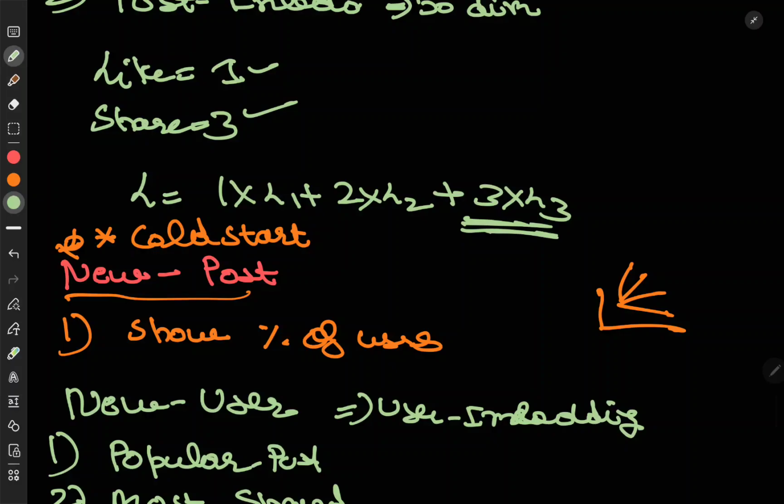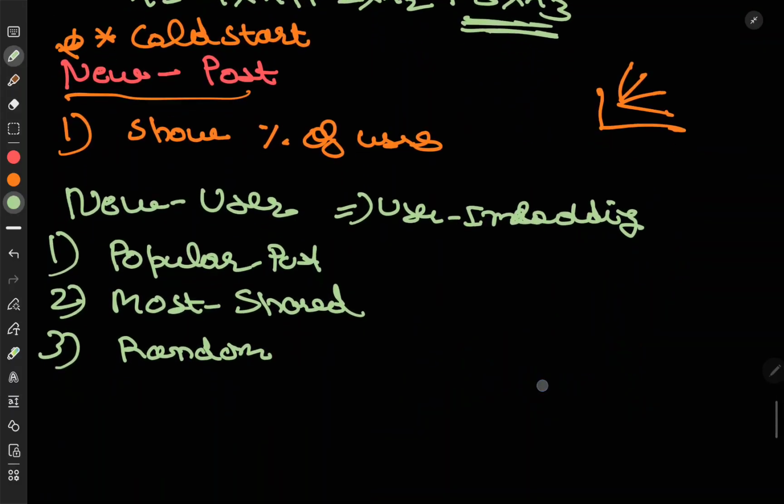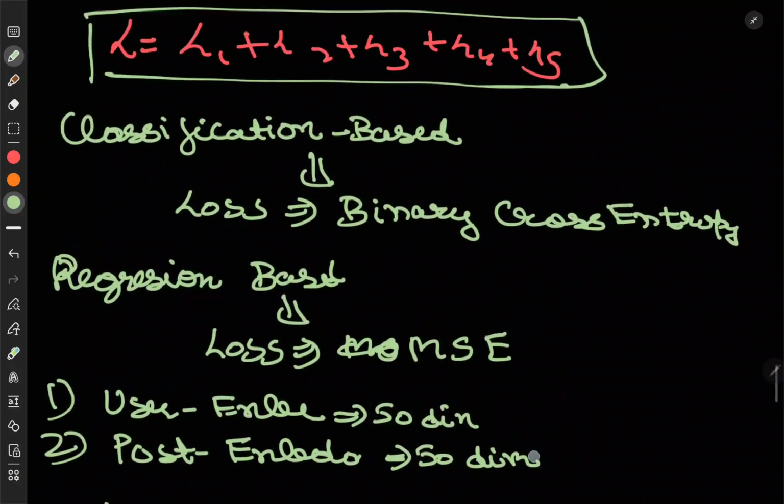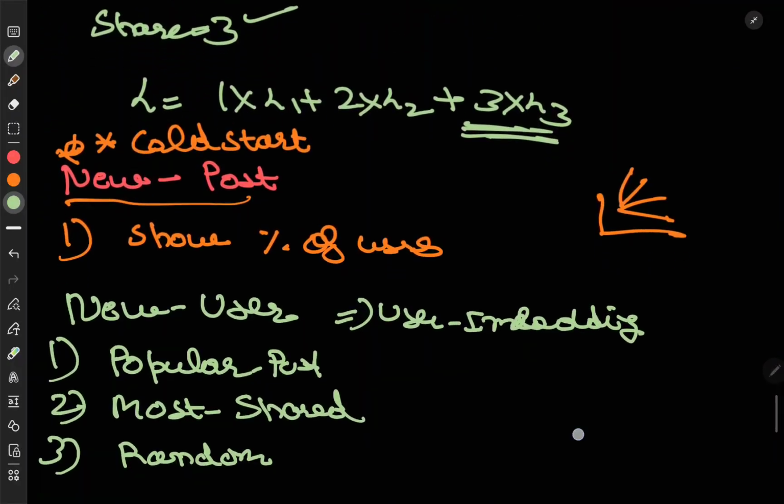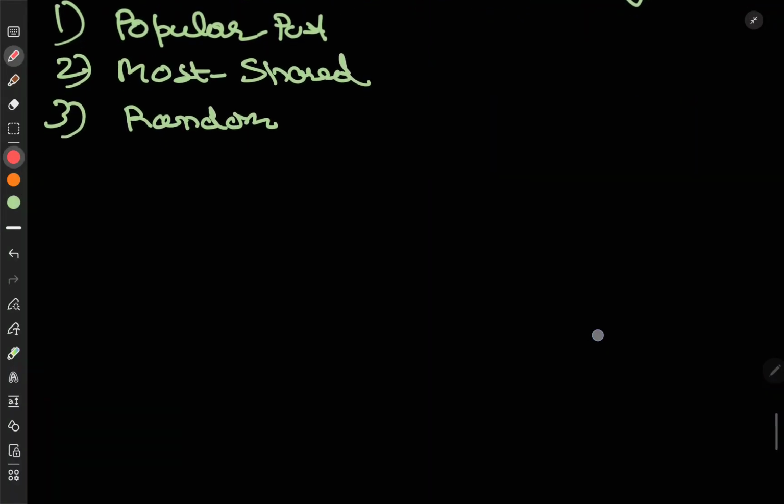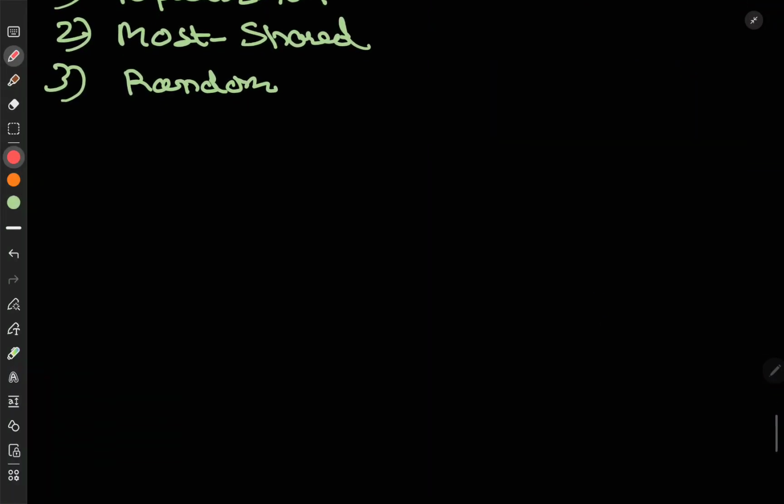But how the exact design for this will look, I'll cover in the serving part. Okay, now you have made this model, right? And once you have made this model, how will you calculate the final score, whether you are going to show a particular post to a particular user or not?